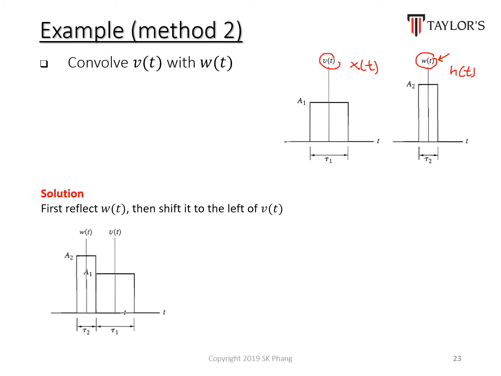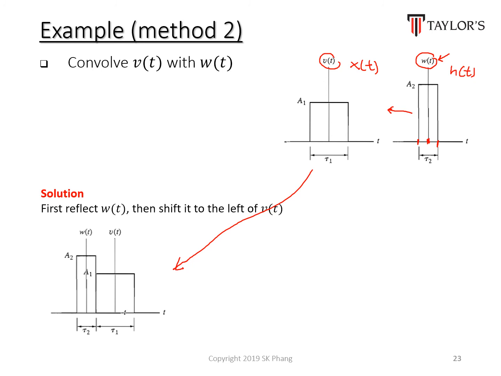You need to do a reflection on the axis, and in our case here, the reflection will be exactly the same, because this is just a rectangular signal that has the width from positive tau 2 divided by 2 to negative tau 2 divided by 2 over here. So after you do the reflection, you need to move this signal all the way to the left and then place it on the same axis, if you still remember. So you achieve this particular graph now.